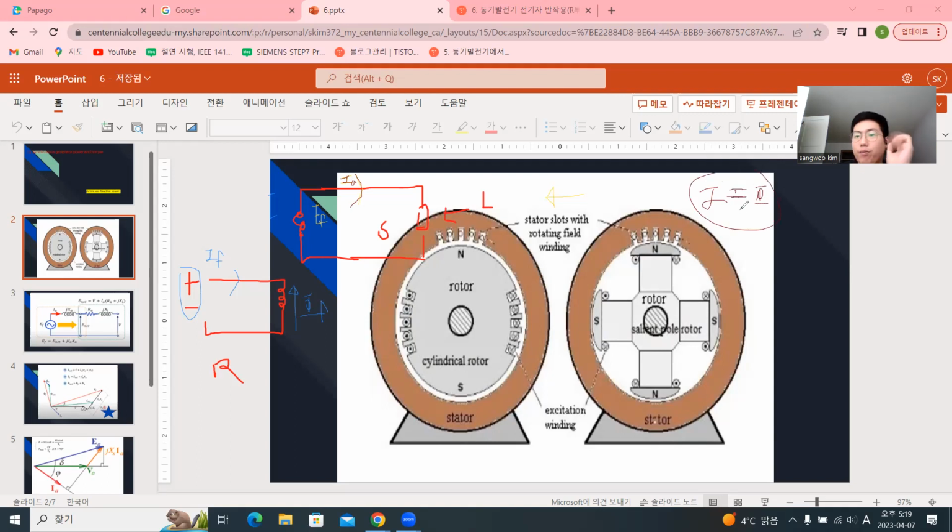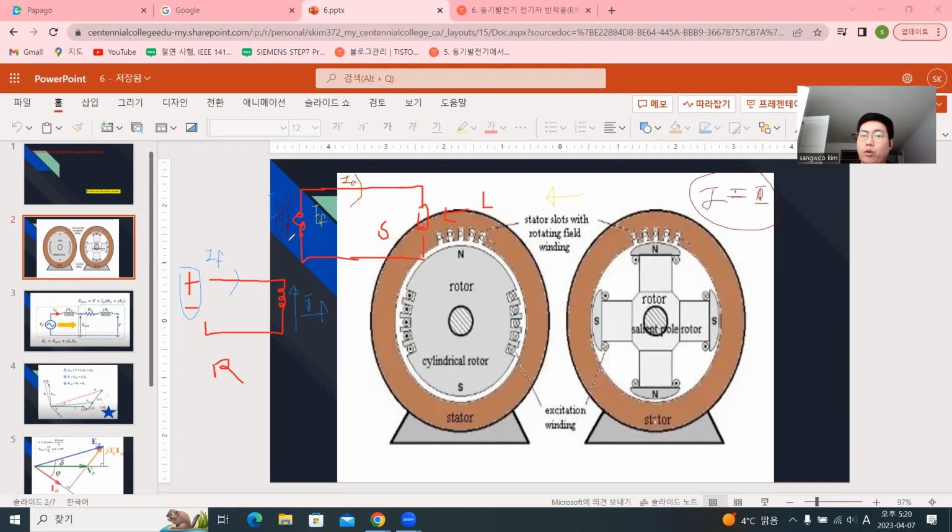So because of the load current I_A, it makes a flux phi_A in the stator part.